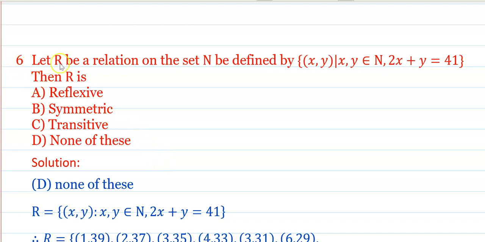Next, let R be a relation on set capital N defined by xy such that xy belongs to the set of natural numbers and 2x plus y is equals to 41. Then the relation is reflexive, symmetric, transitive, or none of them.